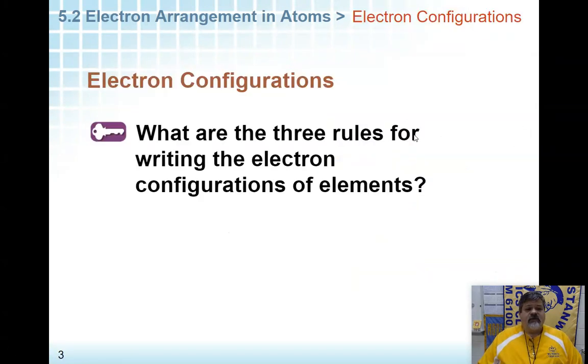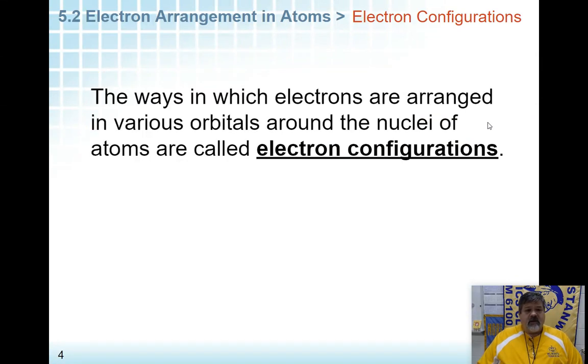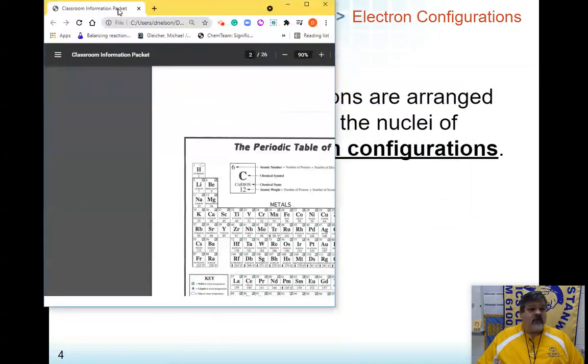So there are 3 rules for writing electron configurations of elements. The arrangements of the orbitals and everything else that we're going to talk about, we're going to give you pictures and diagrams, but you're really going to have to learn that the first 2 columns of the periodic table represent the s orbitals.